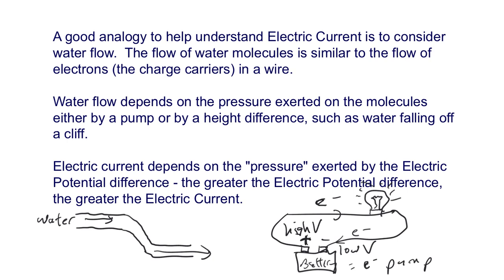So the electrons give off some of their energy to the appliances that are hooked into the wire circuit, and the electrons return to the battery as low potential energy electrons, and the battery pumps them back up, much like when our water is used, it is pumped back up to the water tower.